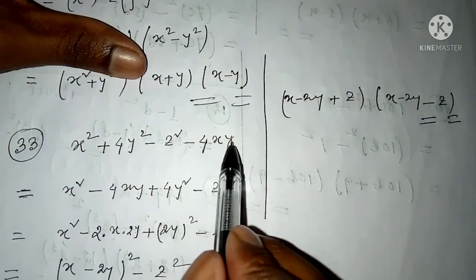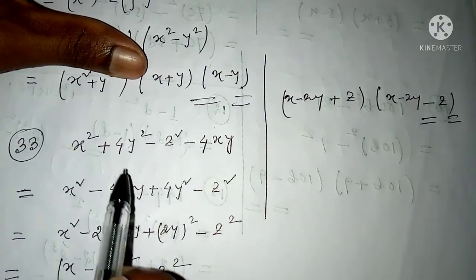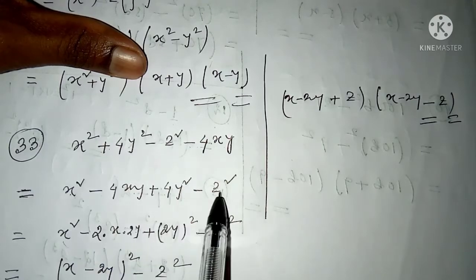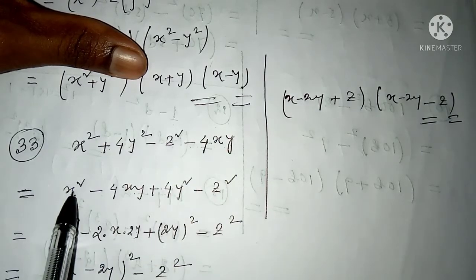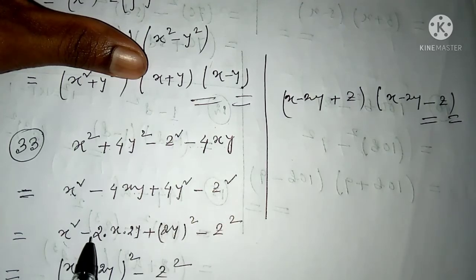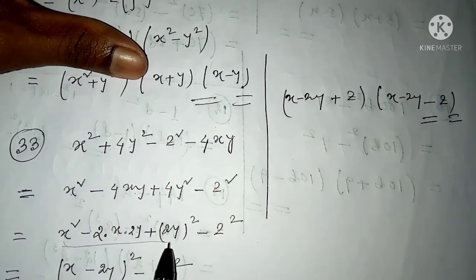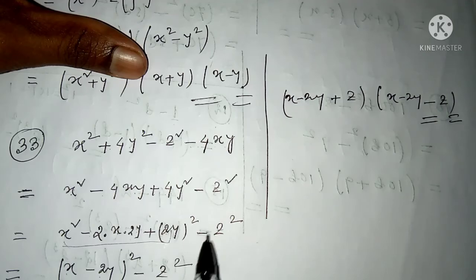It can be anything. Now I have arranged it in that way: x square minus 4xy plus 4y square minus z square. Then x square minus, I wrote this 4y square as 2y square. Then according to the formula it should be minus 2 times the first term and the third term. Now 2 times 2 is 4xy, I am getting the same thing. Now I can consider this whole term as x minus 2y whole square, then minus z square as it is.